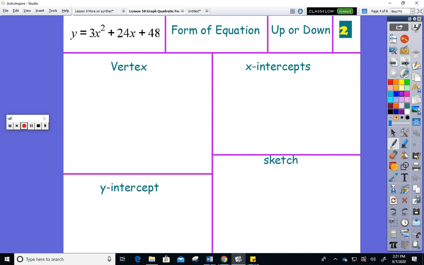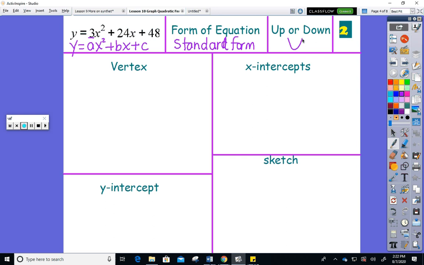On this one, do you see it's in y equals ax squared plus bx plus c form? So that is standard form. Sorry about that bad d. I can tell that the a value is 3, which again tells me my parabola opens up.